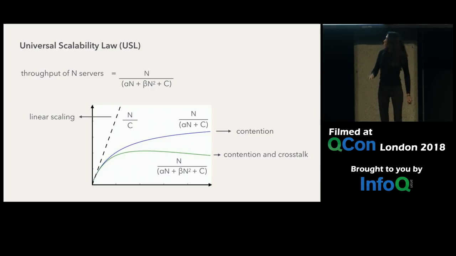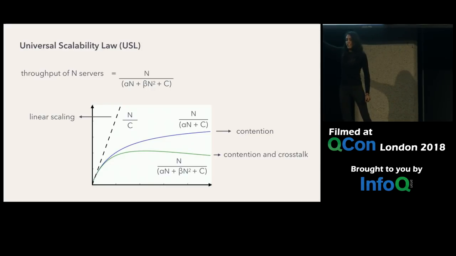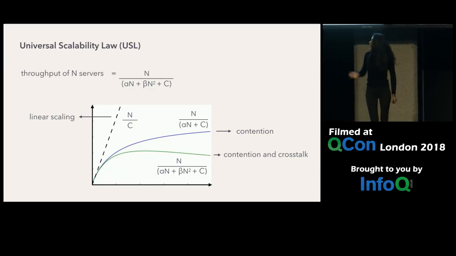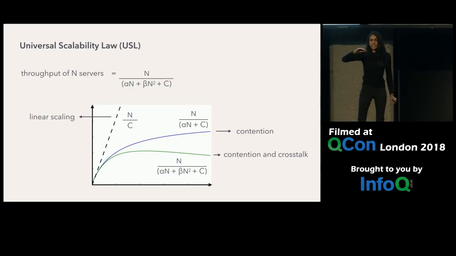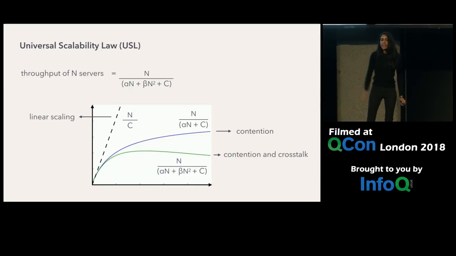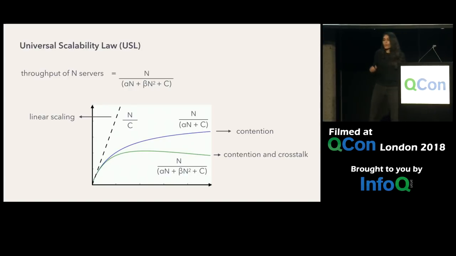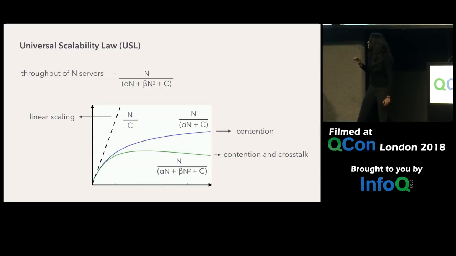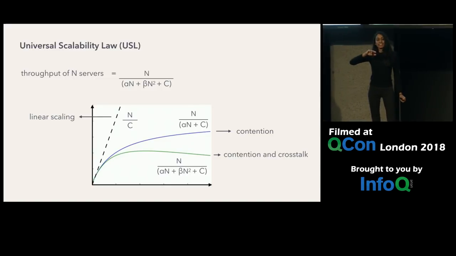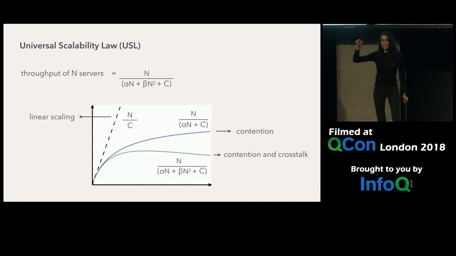You see concurrency on the x-axis and throughput on the y-axis. So you see throughput initially increase and then somewhat flatline. And if there's both contention and crosstalk in our system, then bad luck, because the theory says you start to actually see retrograde scalability, where throughput actually starts to decrease.